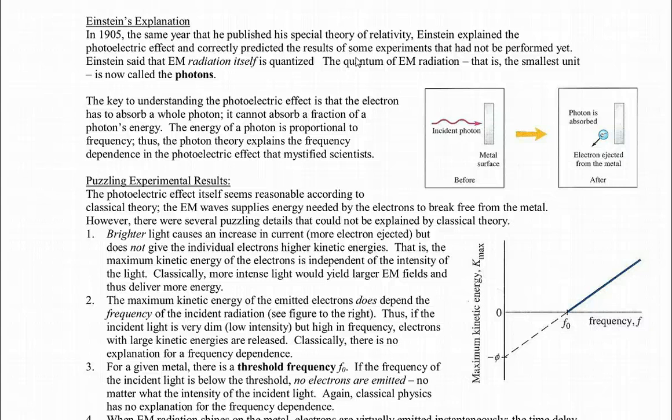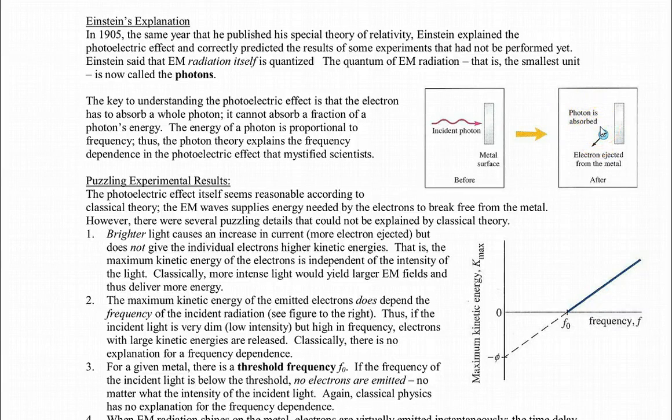Einstein basically postulated that light coming from the lamp consisted of small bundles of energy, which he called photons. When a photon strikes the surface of the metal, the electron basically absorbs that energy, and it will knock out a single electron for a single photon.